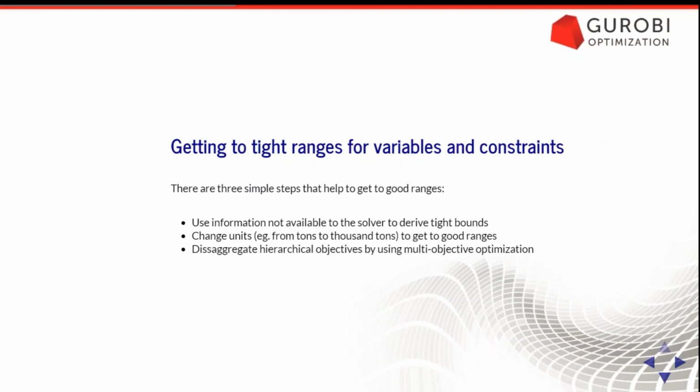That will naturally lead to huge coefficients in the objective function. However, now Gurobi supports multi-objective optimization internally, where each objective can have reasonable coefficients, and everything, believe me, will be much easier to solve.